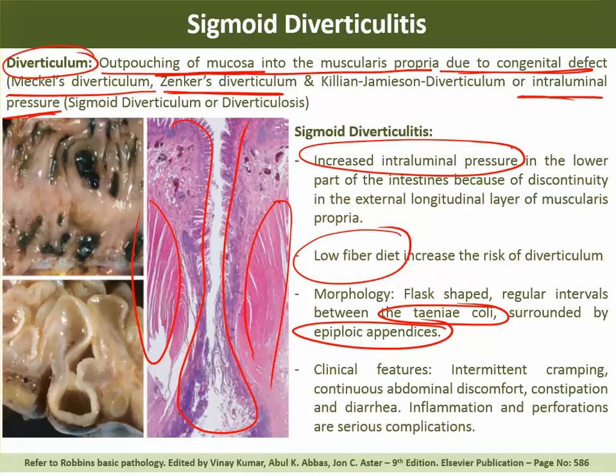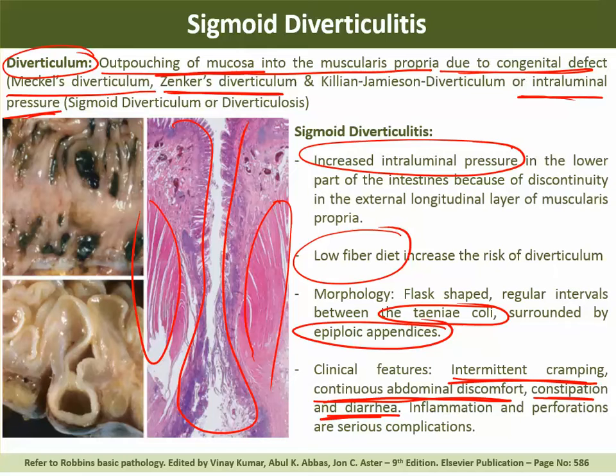And if the diverticulum gets infected, it becomes diverticulitis, and it will produce severe intermittent cramping pain. Cramping means the muscle tightens and releases. So there is severe cramping pain, continuous abdominal discomfort, constipation followed by diarrhea. These are the problems of sigmoid diverticulitis.